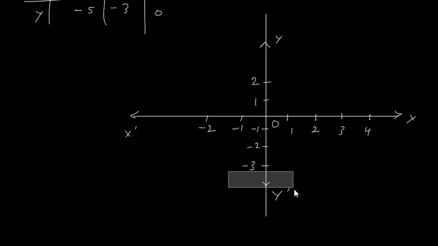This much part I will delete. This is y dash. So this is minus 3, minus 4, minus 5.